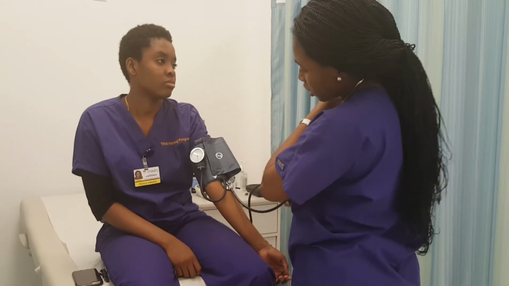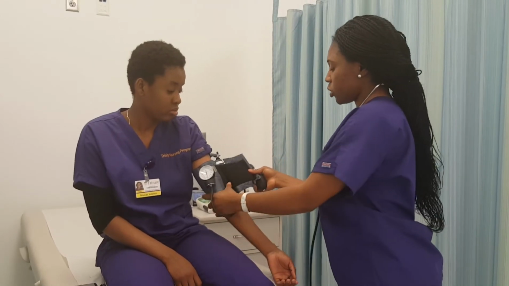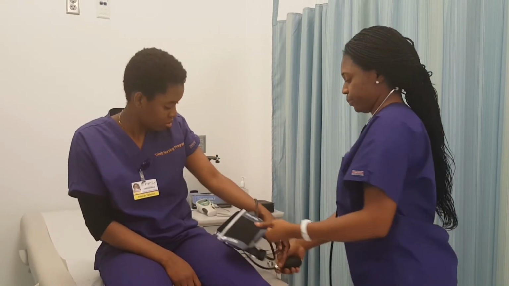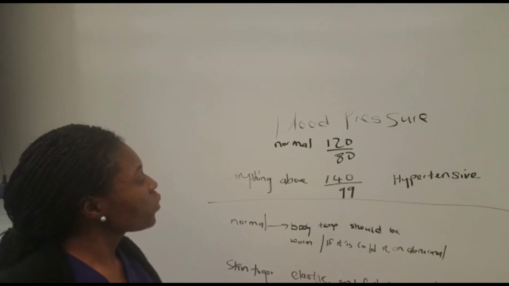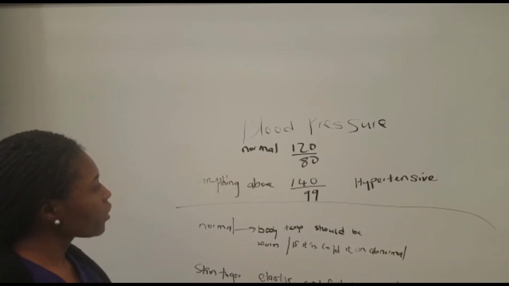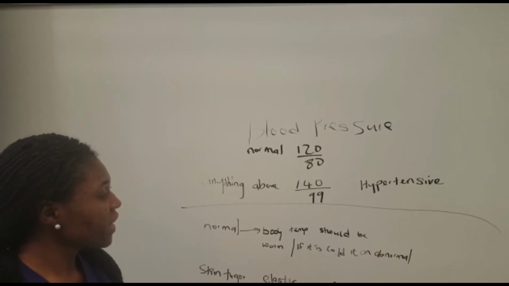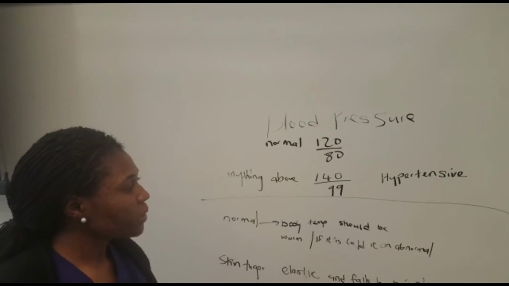So her blood pressure is 110 over 70, which is normal. When you're doing the blood pressure, the normal range is 120 over 80. Anything above 140 over 90 is considered hypertensive.